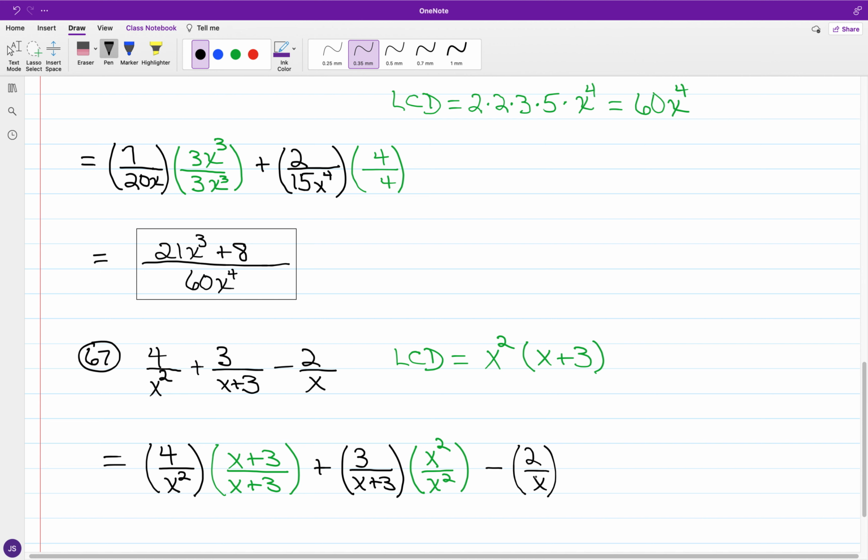Now we have 2 over x. We have x to be first degree, and taking this into the least common denominator, we have x and x squared. This will leave a degree in x. And furthermore, we have the x plus 3 factor to consider.